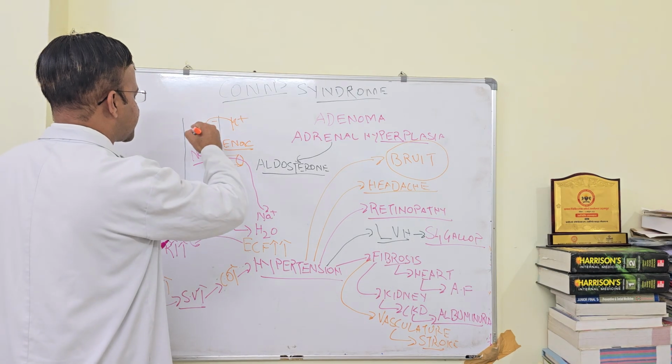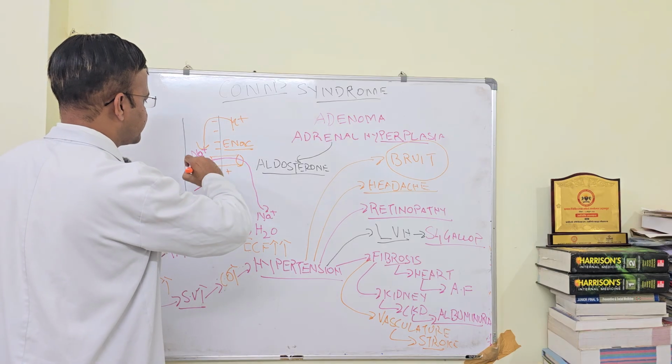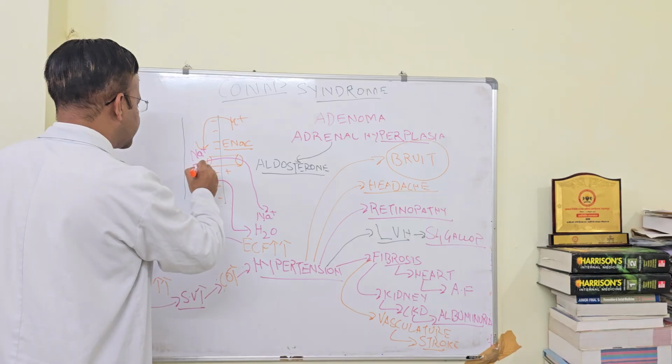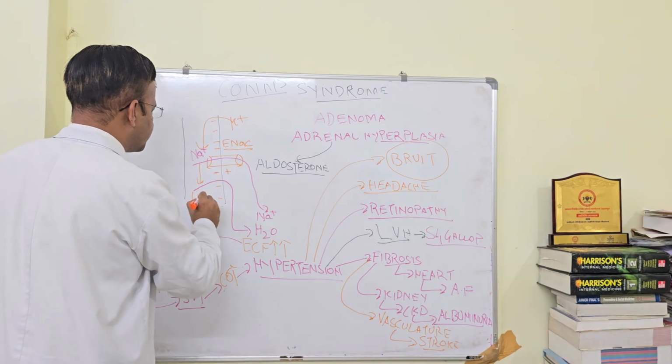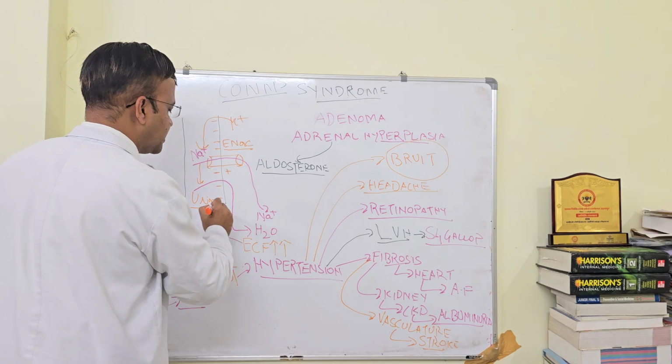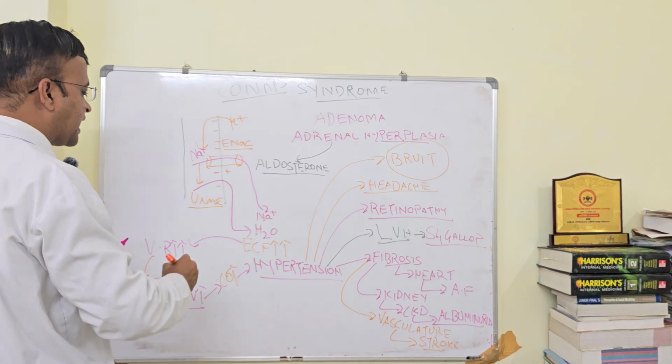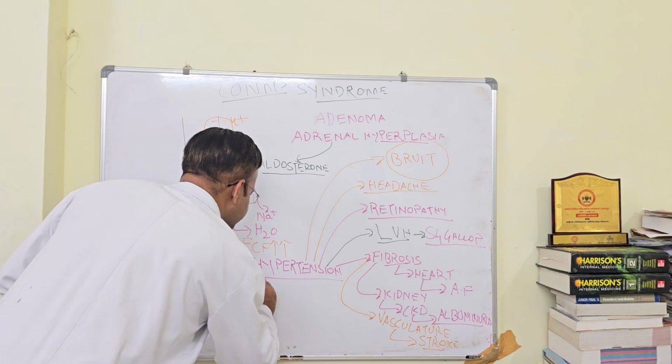A lot of potassium will be exchanged: sodium will go inside, and potassium will be thrown out into the urine. And if excess potassium is thrown out into the urine, what you will get is hypokalemia.